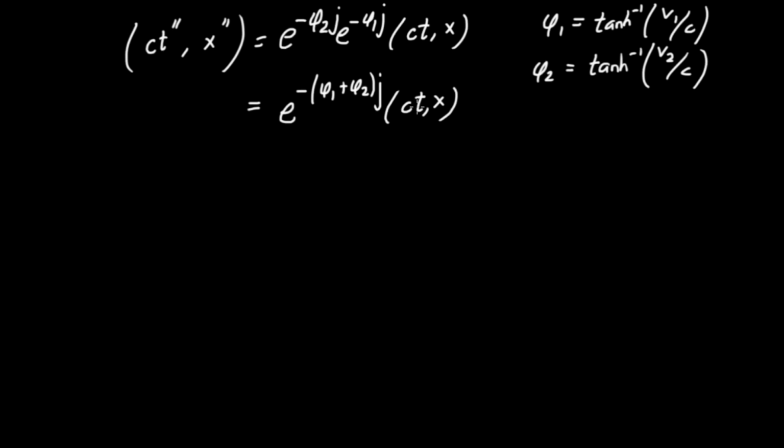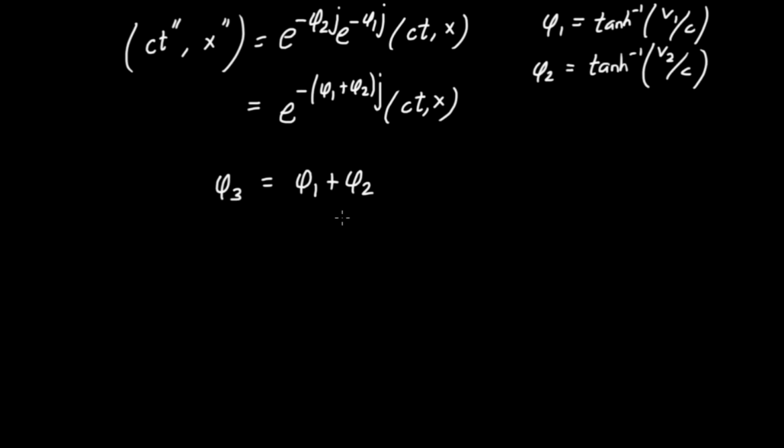So I see that the unprimed can be boosted to the double prime coordinates by some hyperbolic angle, which is phi 1 plus phi 2. Now let me give that a name. Let me call it phi 3. And this phi 3 is actually going to be related to the velocity v3. That's going to be the sum of phi 1 plus phi 2.